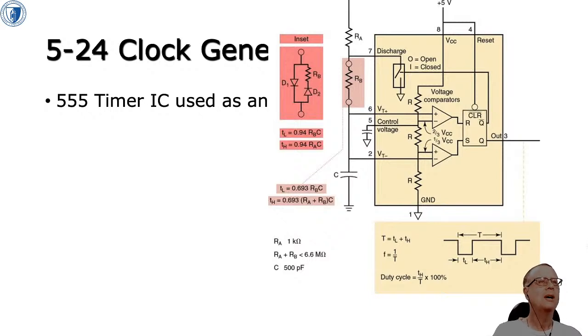And you can see the way it's set up inside the chip. There's effectively 2 thresholds. There's a 1/3 VCC threshold on the bottom voltage comparator, and there's a 2/3 VCC threshold on the top voltage comparator. And you can see there's just 3 resistors there forming a voltage divider to be able to do that.